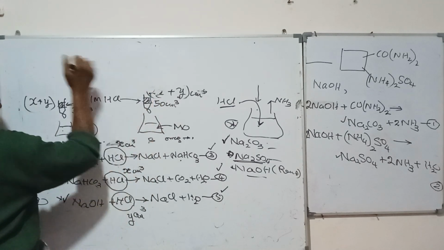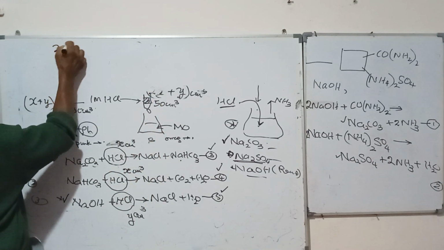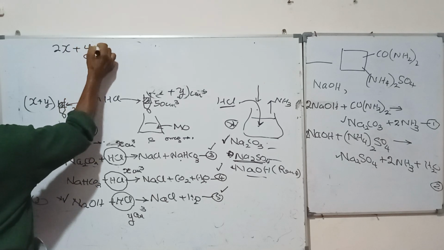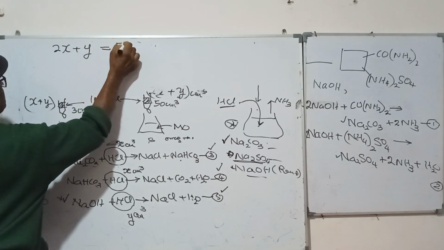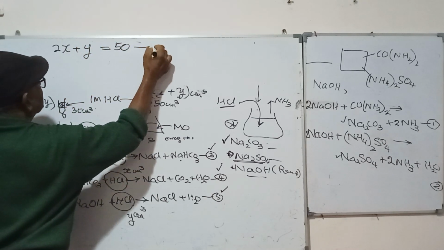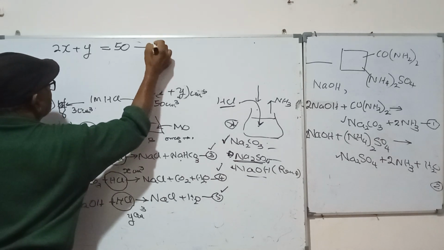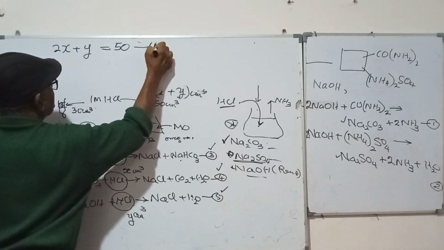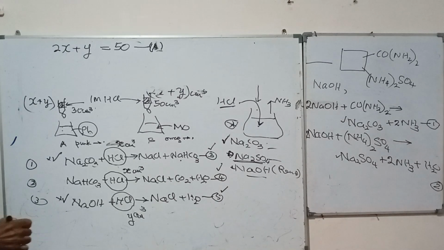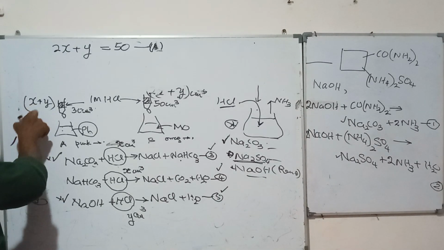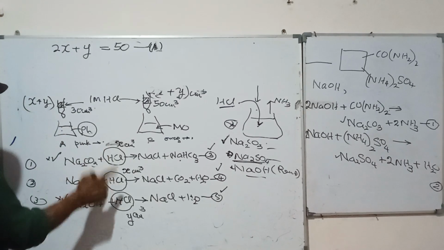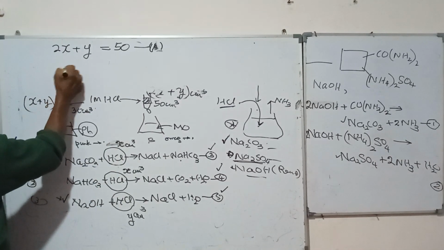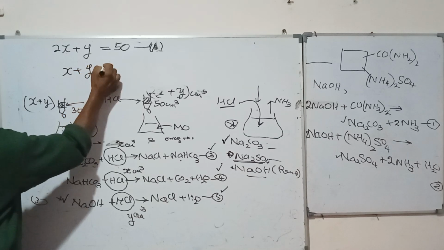Then we can give an equation: 2x plus y equals 50. This is equation A. Here x plus y only, so x plus y equals 30.